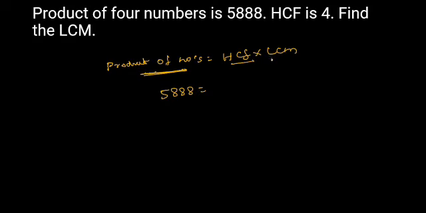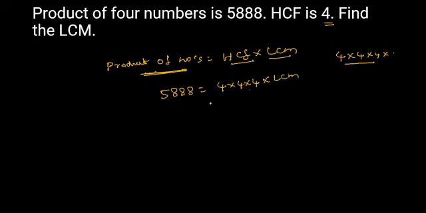Okay. Now HCF into LCM. Everything should be in terms of 4. So I can say 4, 4, 4, and the last number should be LCM here. There are 3 4s in the HCF: 4 into 4 into 4, into LCM, and we don't know what the LCM is.